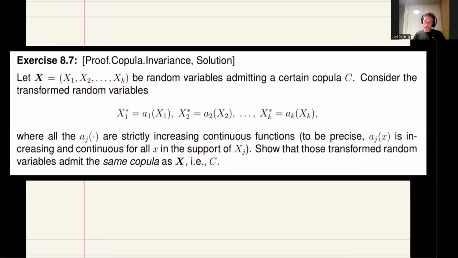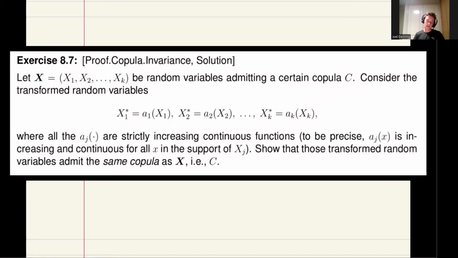Okay, and the goal is to show that these transformed random variables admit the same copula as our original random variables. So if our x's were continuous, then remember that the copula will be unique.